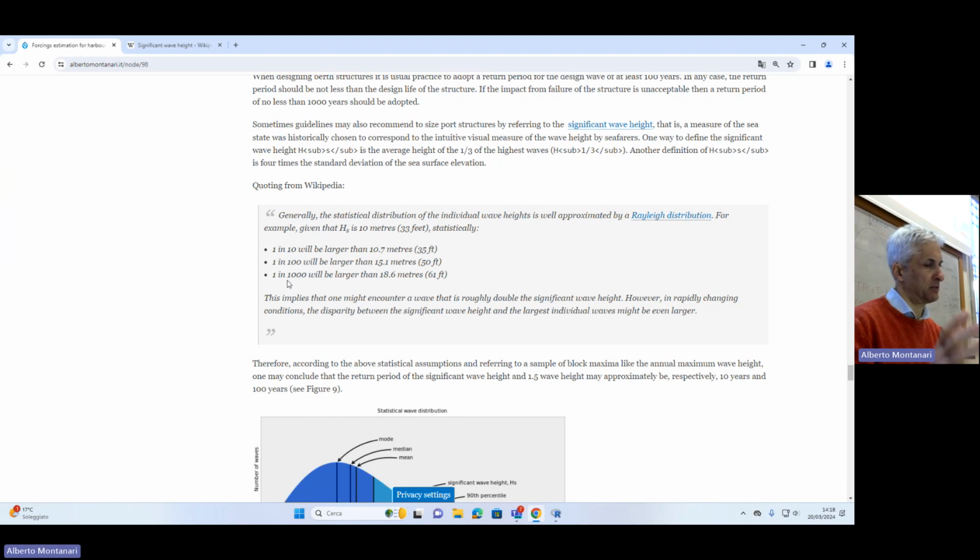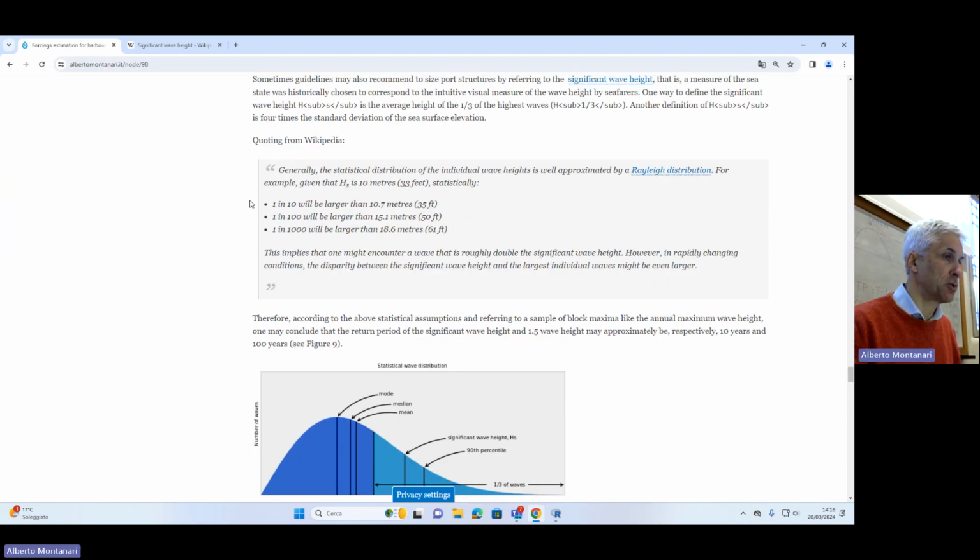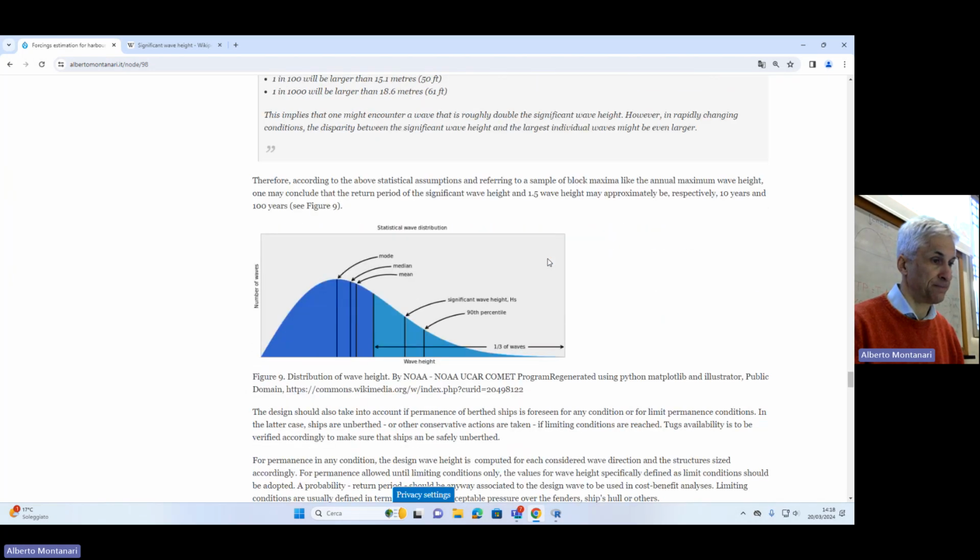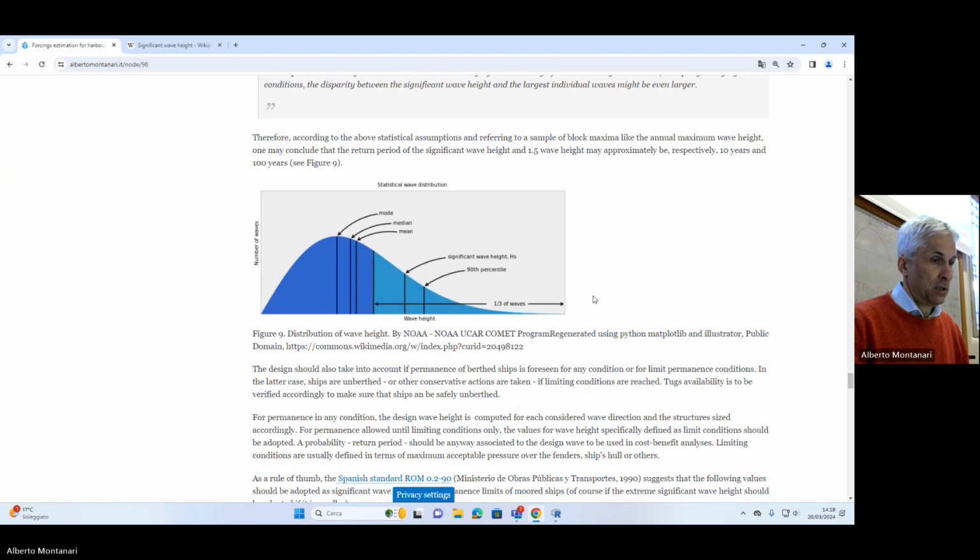It is something that is basically correct. Here, of course, you see that the rule is rigorous, but it is rigorous because they refer to a very specific probability distribution, which is the Rayleigh distribution.